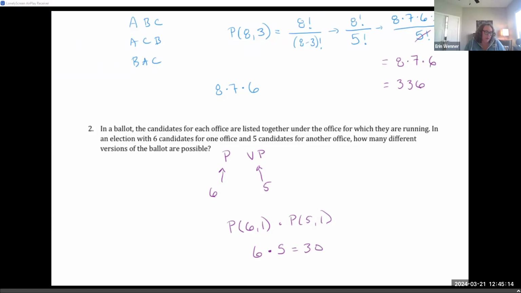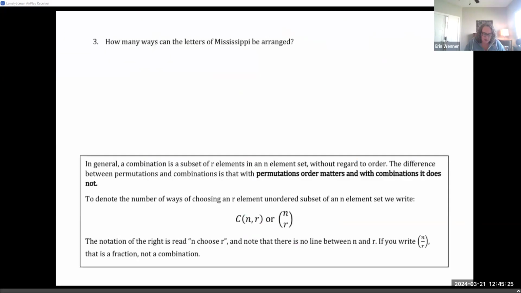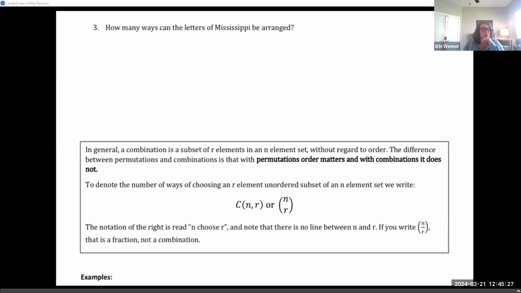So another thing we want to think about, like a special case of permutations, has to do with arranging items that are repeated. Okay. And so we are going to say that order matters, because if I were to rearrange these letters and put an I first or an M first, those are different outcomes, right?